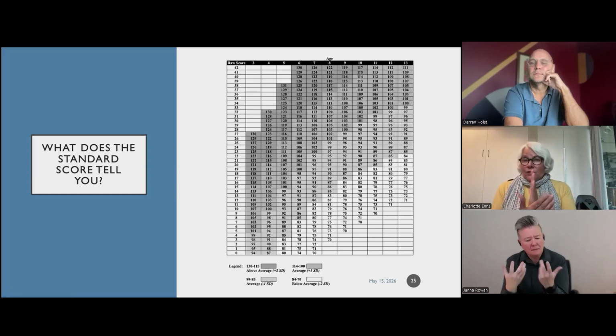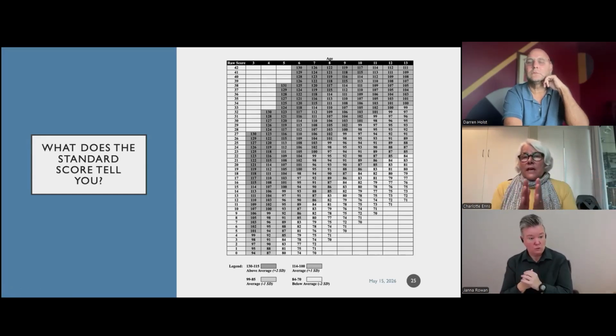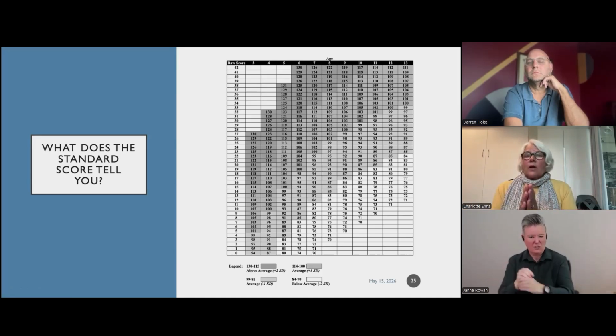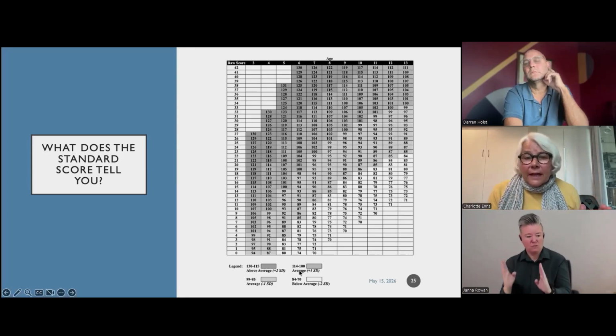100 is average on a standard score, okay? And the standard deviations, or the range within the normal, are 15 above and 15 below. So 85 to 115 is the normal range, and you'll see that down here in the legend.